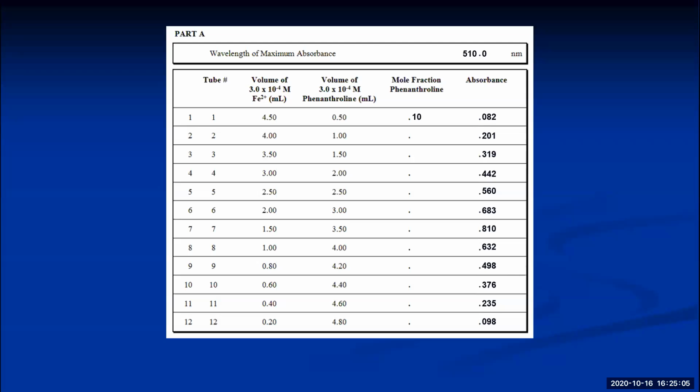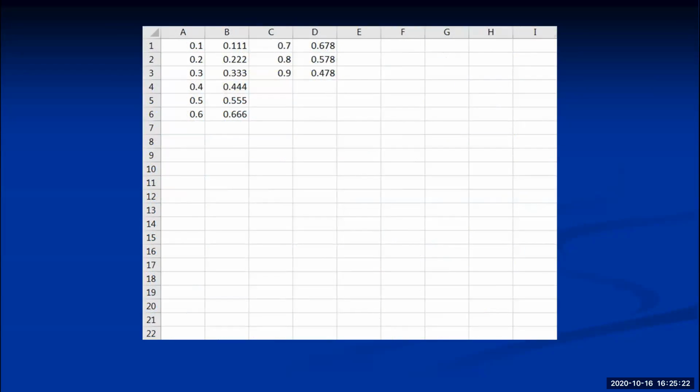And we're going to wind up doing something like this on Excel. So what you're going to have to do is look at all of your different absorbances and divide them into two fractions. The first fraction is where the absorbances are going up. The second fraction is when the absorbances are going down. And so in Excel, you're going to take all your mole fractions in which the absorbances are going up, and you're going to place those mole fractions in column A. I've made up some mole fractions here.